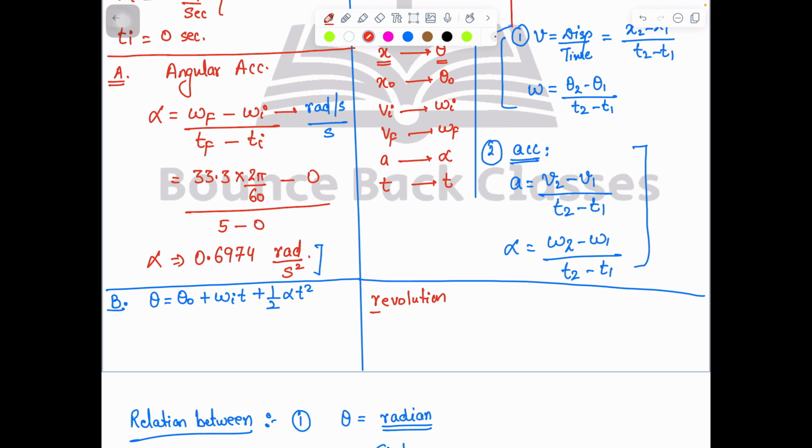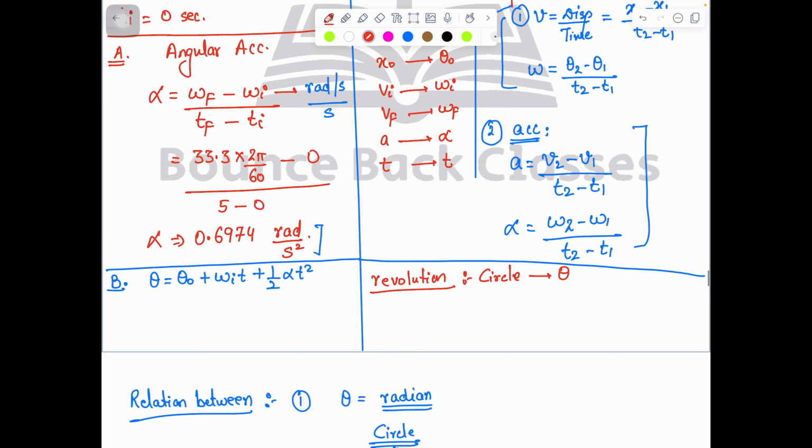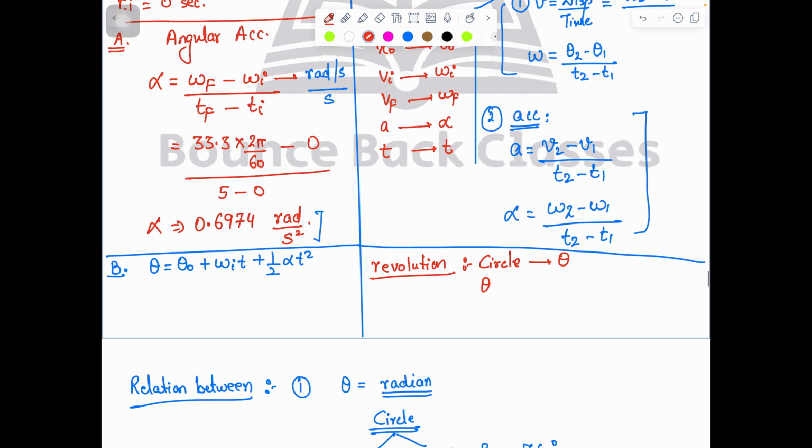It means we need to find the circle, and circle means angle theta. Till here clear? Okay, now just solve it. We know theta naught is 0, omega I is equal to 0. So theta is equal to half alpha t square.